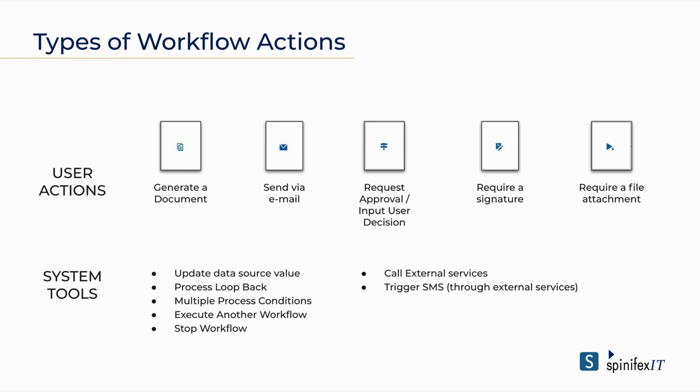So it's a workflow calling a sub-workflow. You could call external services. So this is very interesting if you want to integrate with an external third party. So you could, for example, integrate with a ticketing tool and say, okay, when we start the workflow for job offer, I want to create a ticket in our ticketing system.